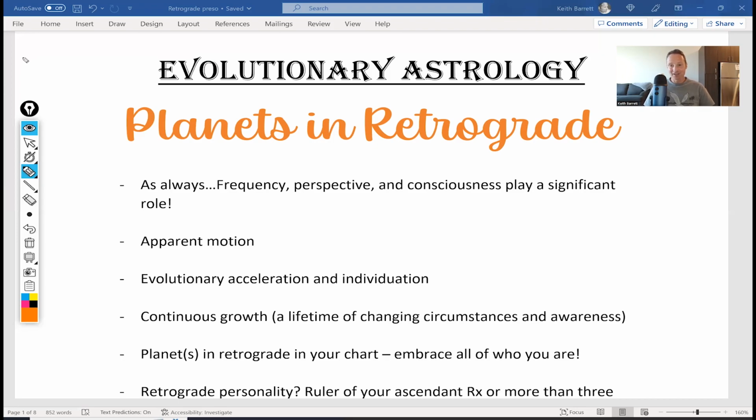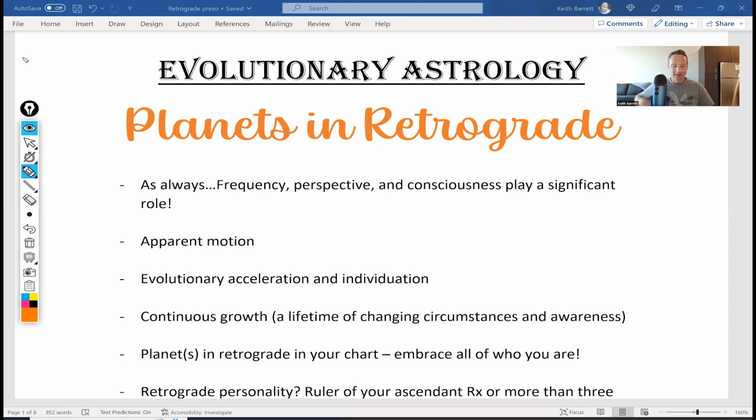It's an energy signature. I can be sitting in front of somebody with the sun in Aquarius, and they could be brilliant, right? They think outside of the box. They have ideas that can move society forward in a positive direction. That's one way the sun in Aquarius can be experienced. So I don't subscribe to any of that.